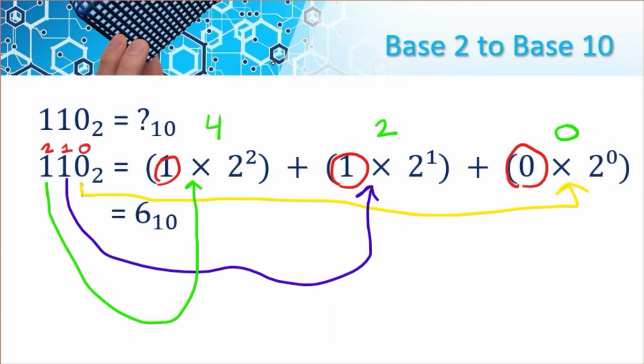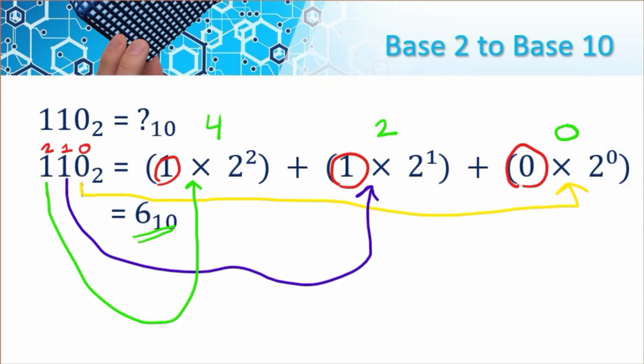So if we add 4 plus 2 plus 0 is equal to 6. So mao ni ang atong final answer. We have 6 base 10. Okay? So mao ni siya, class, ang pag-convert, ang pinakasayon nga solution on how to convert base 2 to base 10.